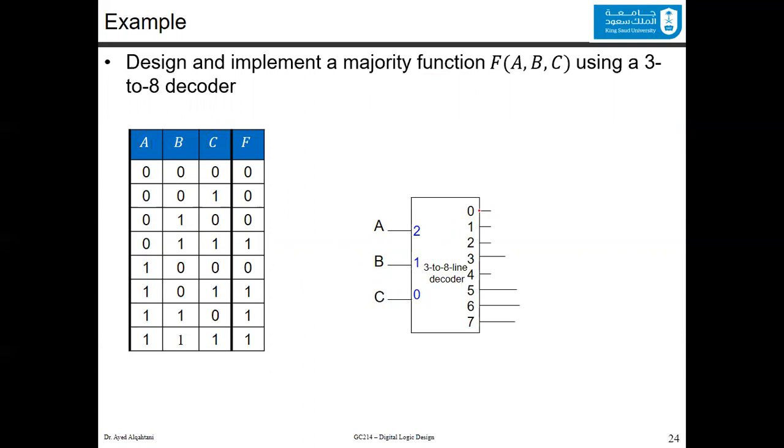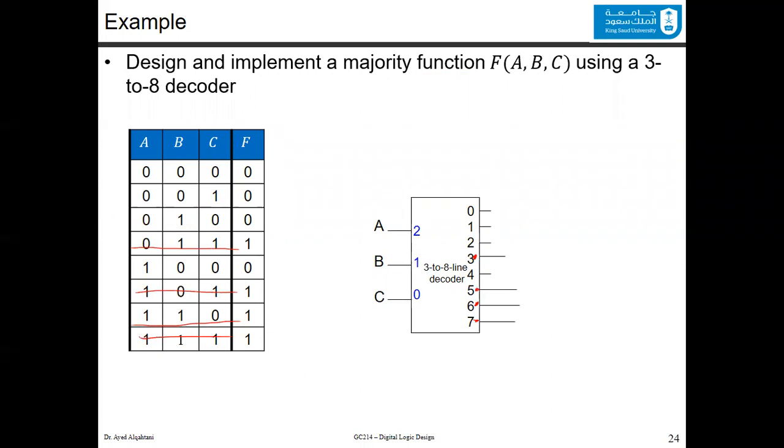We know that each one of the outputs is corresponding to one of the min-terms. And since we know that any function could be implemented by collecting its min-terms, you get its min-terms and then you OR them together. The min-terms are already there. This is 3, 5, 6, and 7. So this is the 3, 5, 6, and 7 already in the output of the decoder.